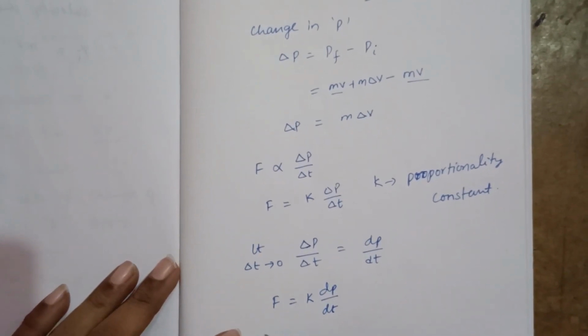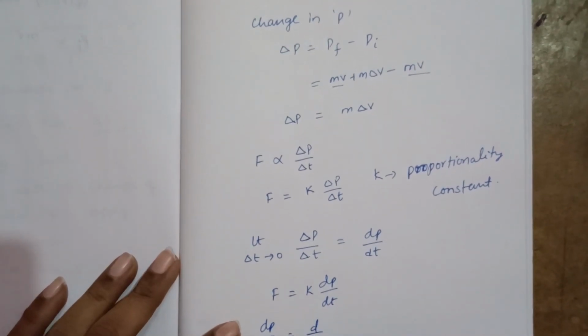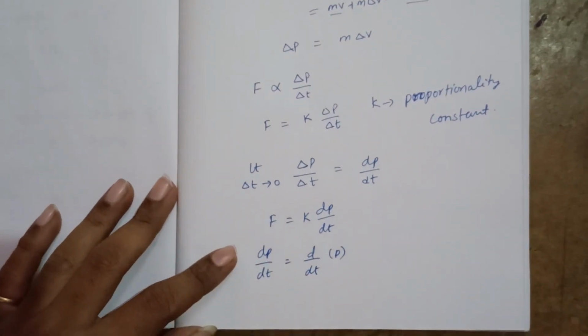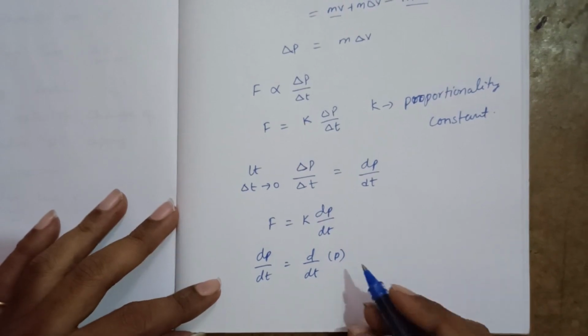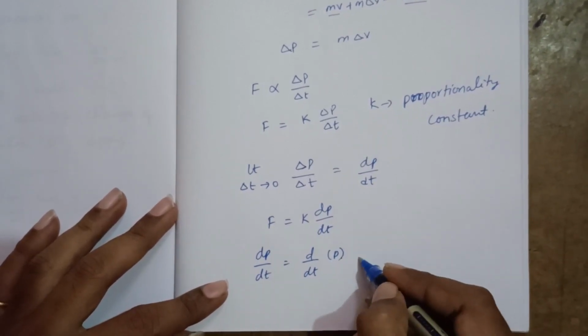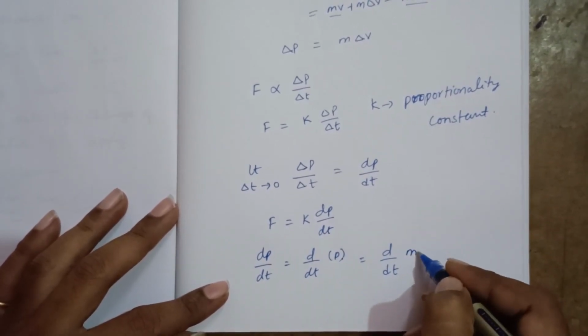Now as we know, dp by dt is d by dt of p. Now p means m into v.